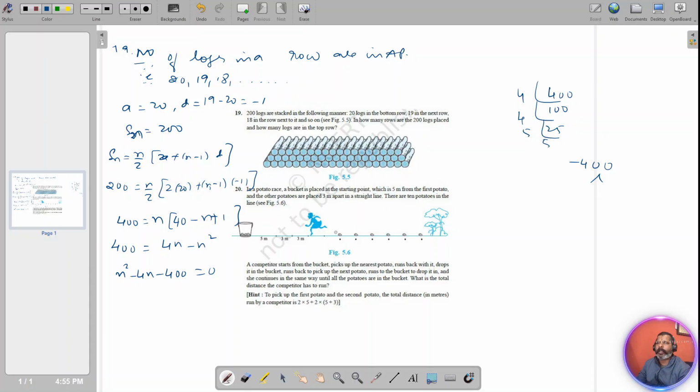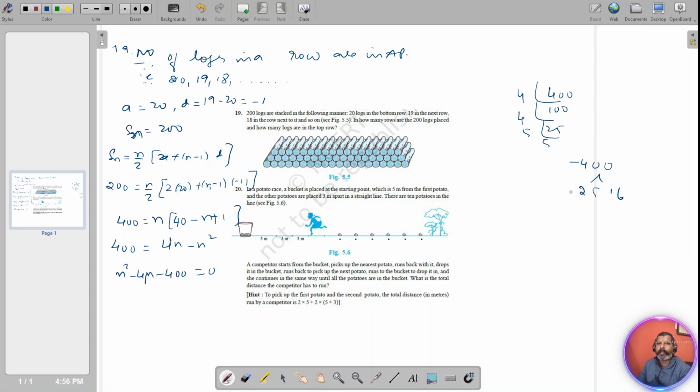The sum should give minus 41, meaning 25 and 16. My mistake, it is not 4n, it is 41n. So 25 plus 16 will come 41. Yes. So 25 and 16 with minus should give us 41.